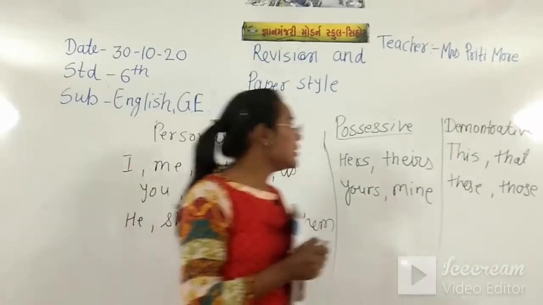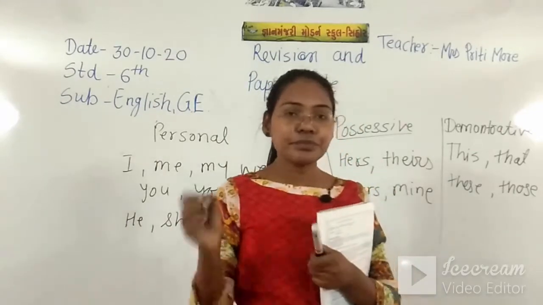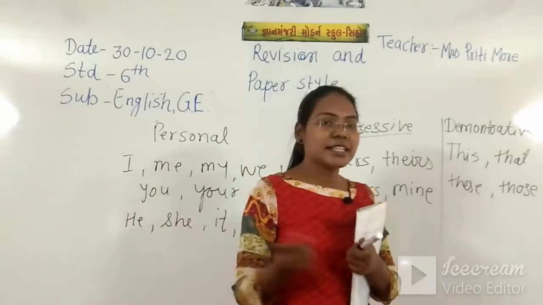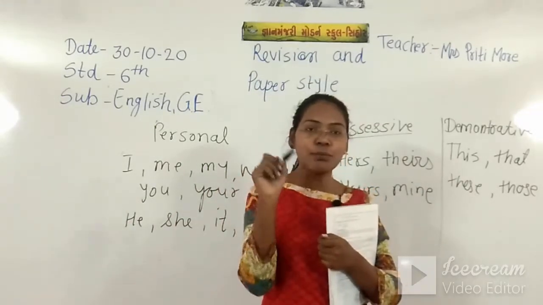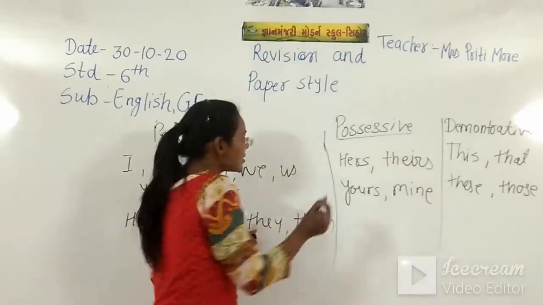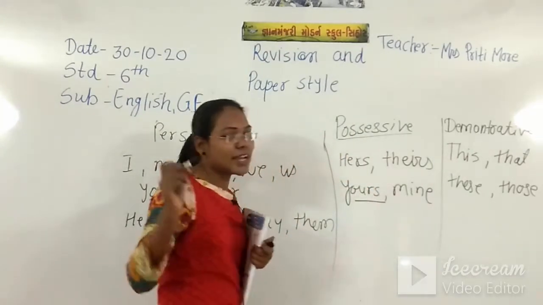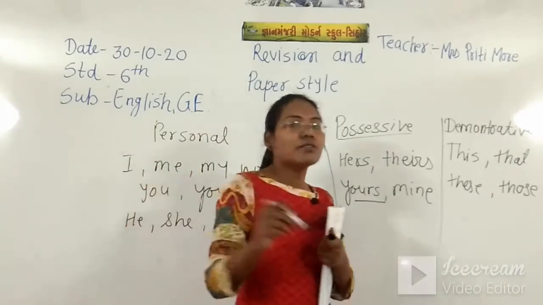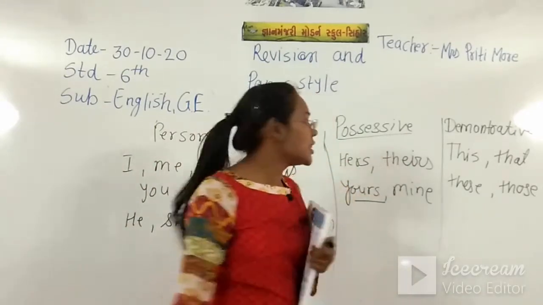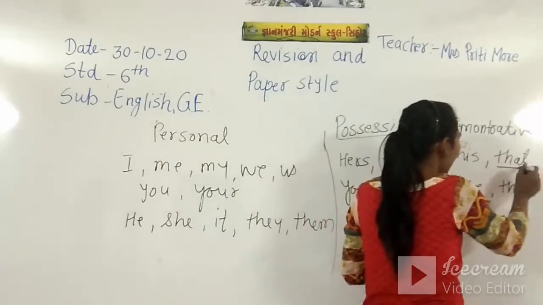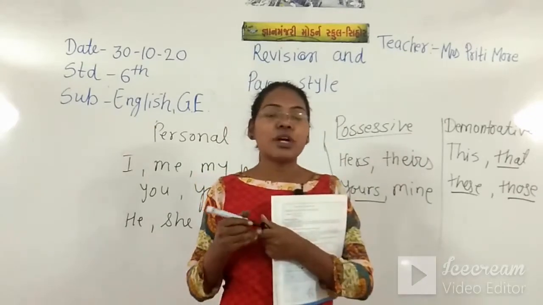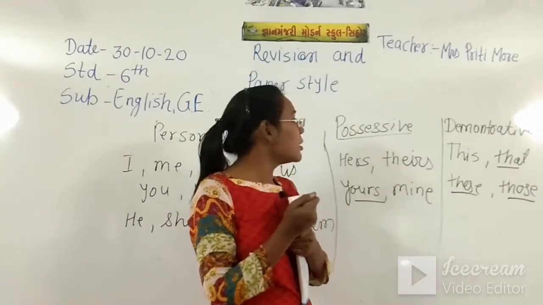If in the sentence there is written, identify the underlined pronoun and its kind, underline the pronouns and write its kind. If hers or yours is underlined in the sentence, which kind of pronoun is it? It is possessive pronoun. If that or those or this is underlined, which kind of pronoun is it?